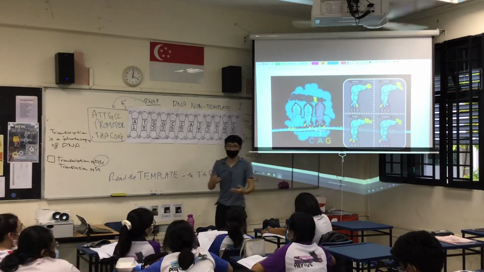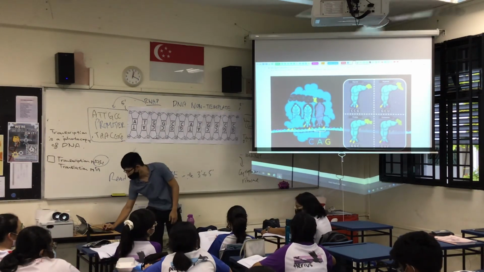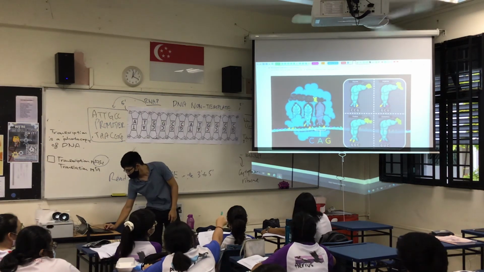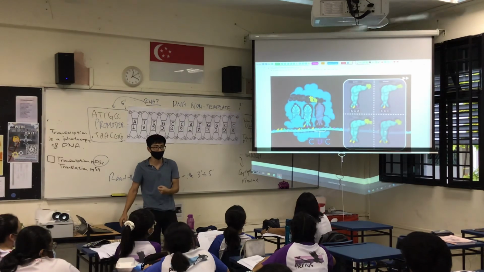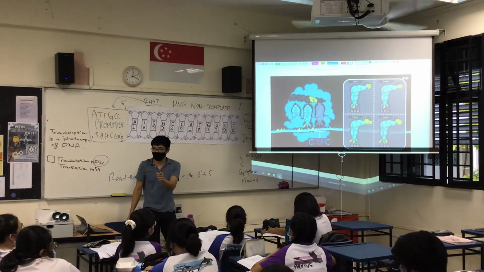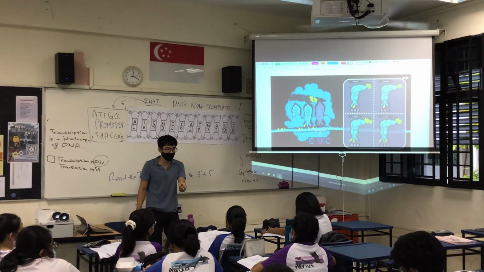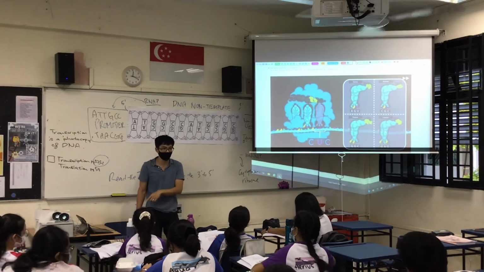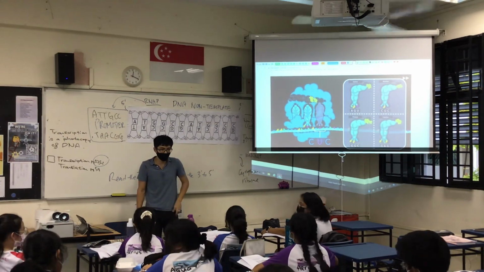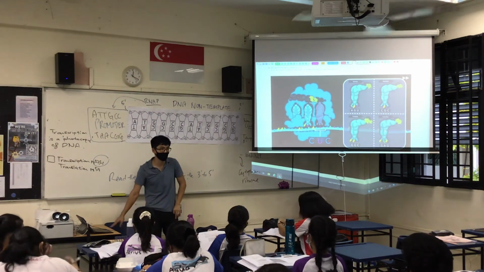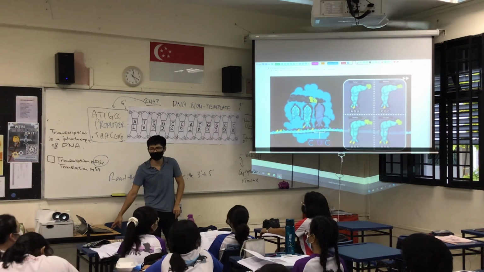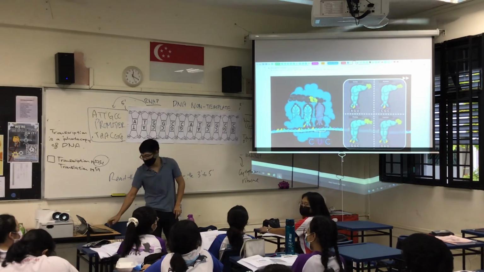If there's a match, then they can bring it in. So this is how we read the genetic code. The genetic code helps you read the mRNA, not the anticodon. Say again: the genetic code helps you read the mRNA, not the anticodon. Okay?